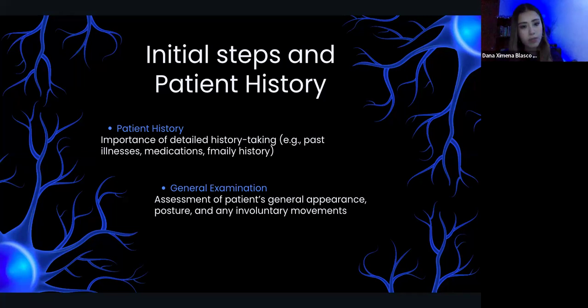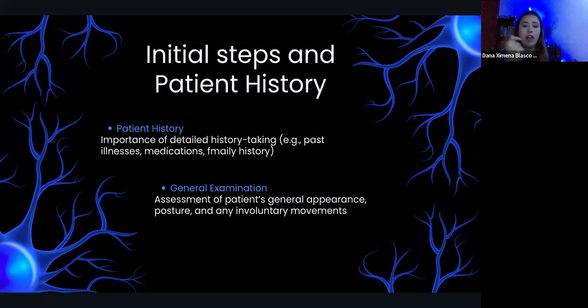It's the general examination, and we're going to assess our patient's general appearance. Most neurological disorders you can easily look into in a clinical feature. So it is important that you examine your patient at the very moment they come in the door.